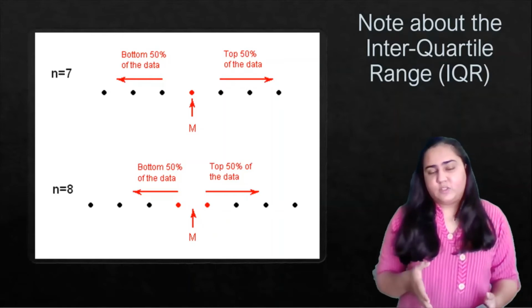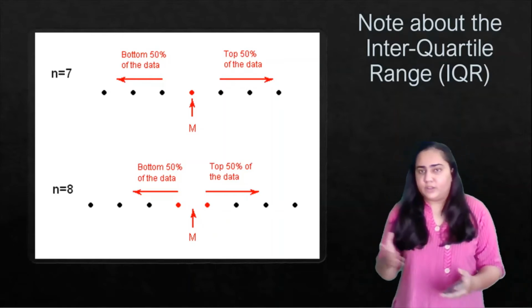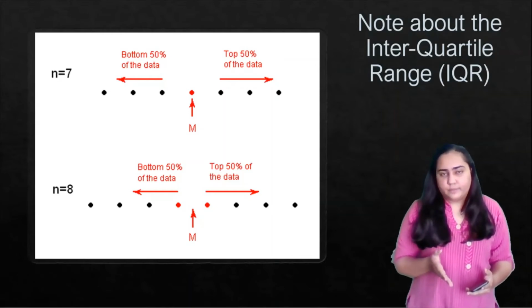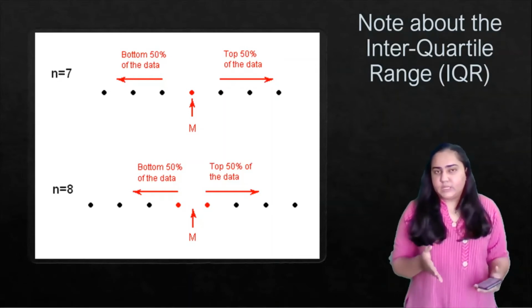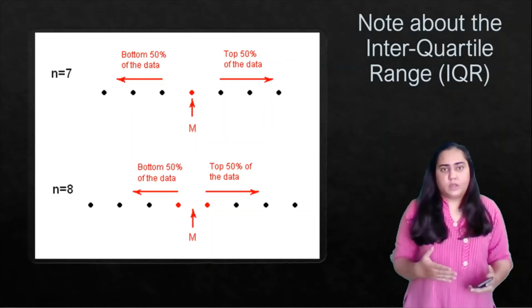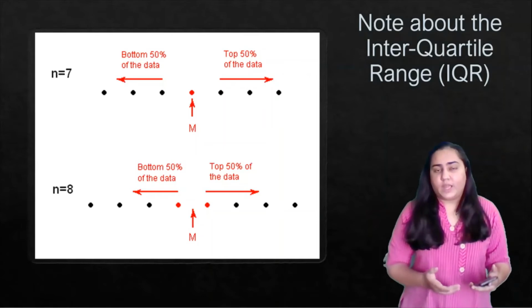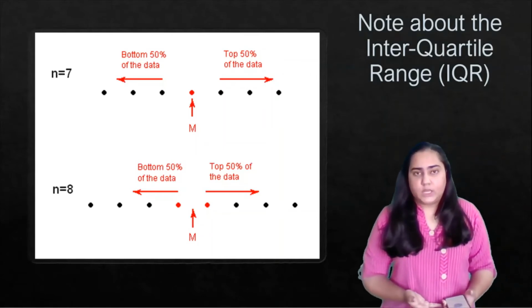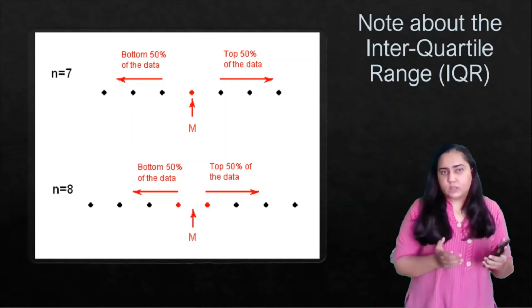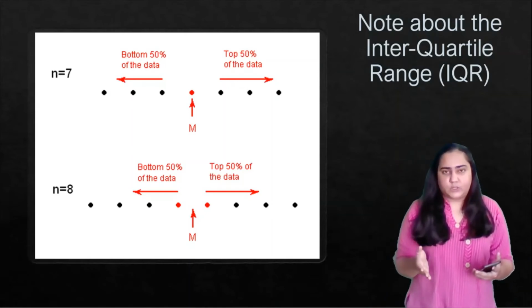But in that division into 50% below and 50% above, the median is not included, because the median is removed and then you divide into 50-50. But when you have an even number of observations, we calculate the median, which lies between the fourth and fifth observations.